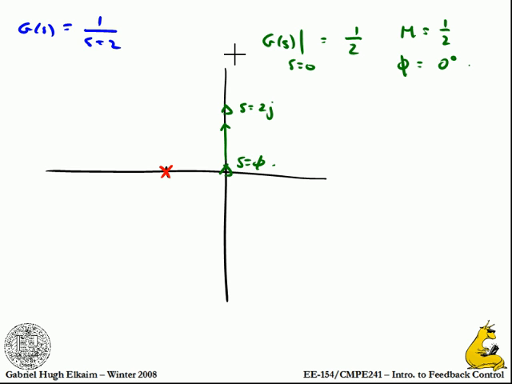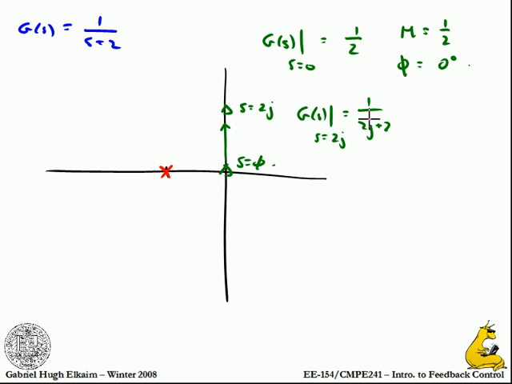All right. So G of s evaluated at s equals 2j is going to equal 1 over 2j plus 2.